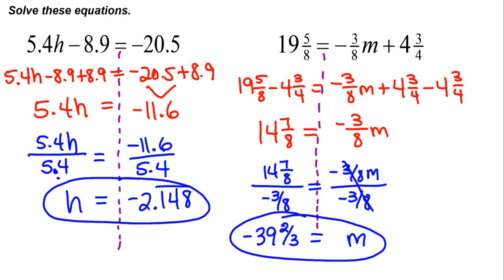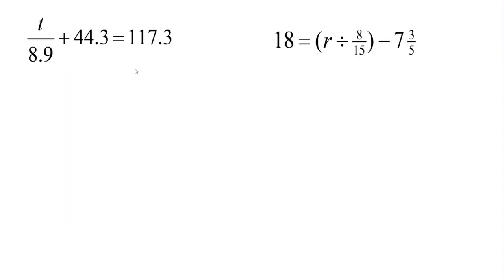And again, I could check that by plugging that back into my original equation. Next, t divided by 8.9 plus 44.3 equals 117.3. Again, cut my equation into its two parts, and I have division and addition.